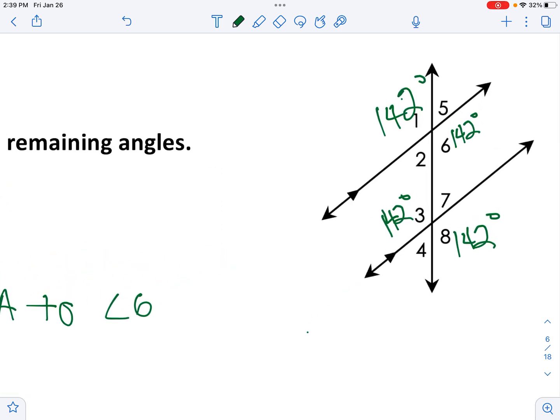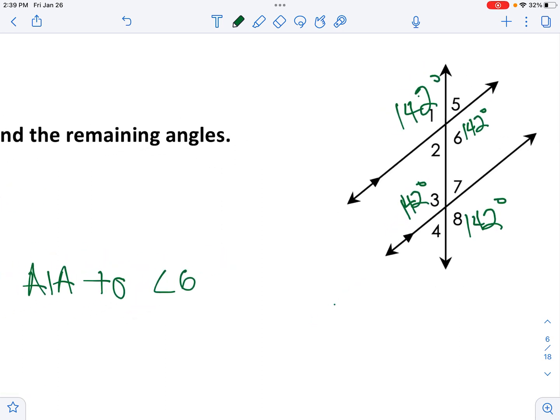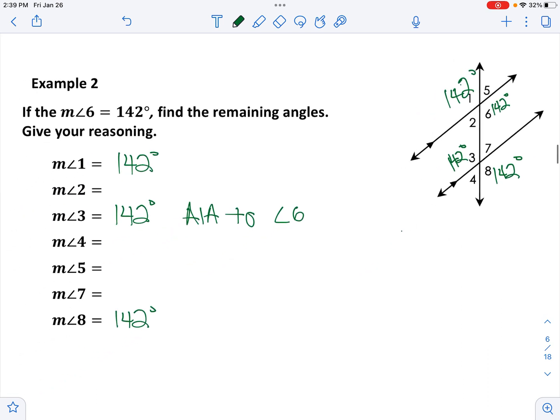All right, now 2 and 3 are supplementary. So I know then that 180 minus 142 is 38 degrees.